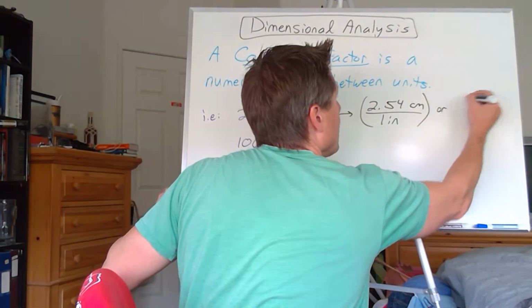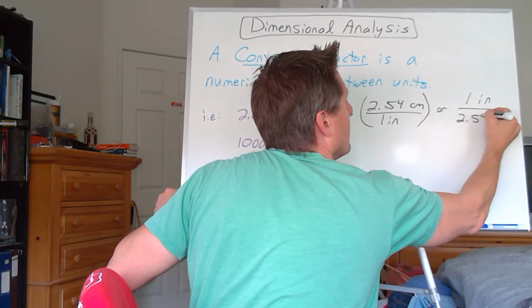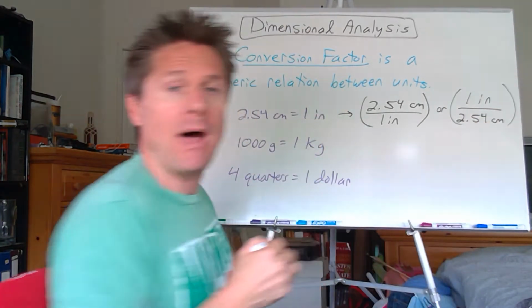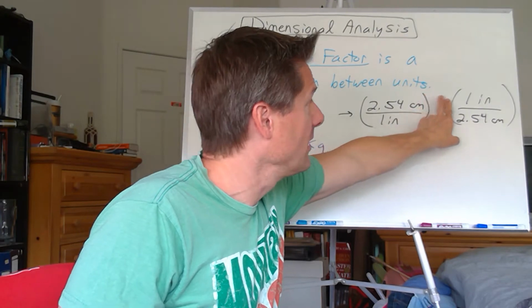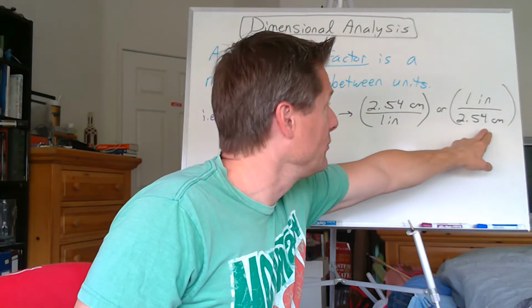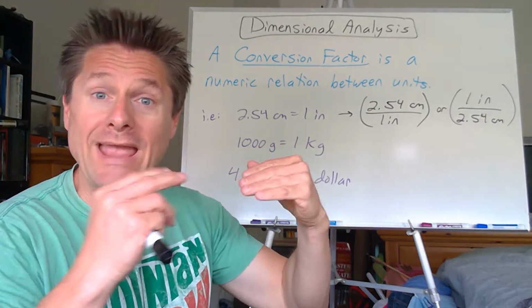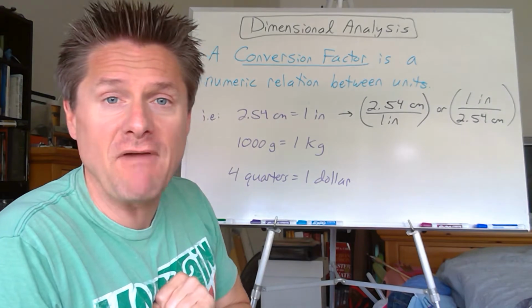Or I could do it the other way. I could put the inch on top and put the 2.54 centimeters on the bottom. So if I'm converting centimeters to inches, I start with a number in centimeters and then divide by 2.54 centimeters per inch. So I could set it up either way depending on if I'm going centimeters to inches or inches to centimeters. That's called a conversion factor.